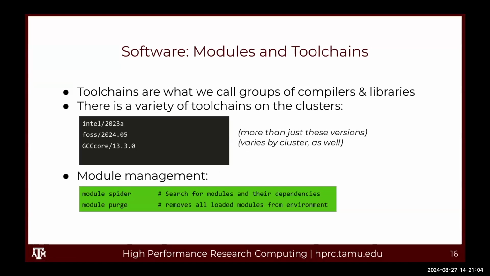And if there's some software that is not available on our cluster, you can just place a software request. You can do that through the dashboard, or you can just mail us at help@hprc.tamu.edu. We'll get back to you and process your request, and you should be able to use the software afterwards.